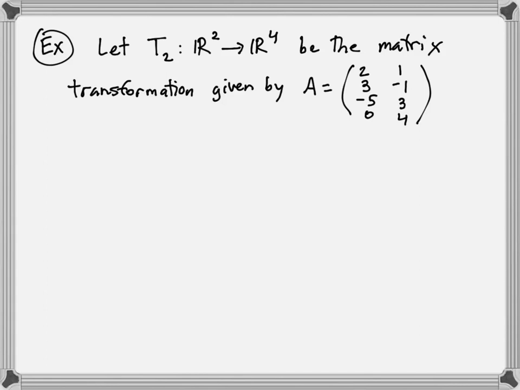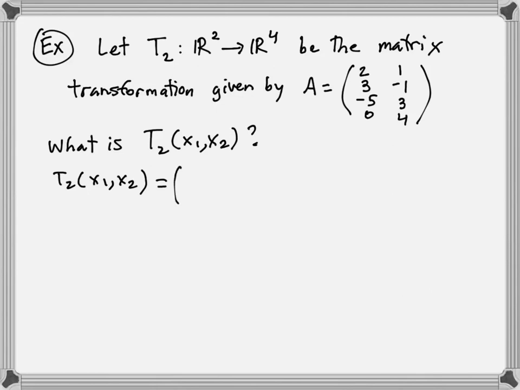Okay, what does this mean? This means that T2 of any vector in R2 gets multiplied by that matrix. So question, what is T2 of x1, x2? Let's figure it out. T2 of x1, x2 is going to be the matrix I just wrote down, 2, 3, -5, 0, 1, -1, 3, 4, times x1, x2.